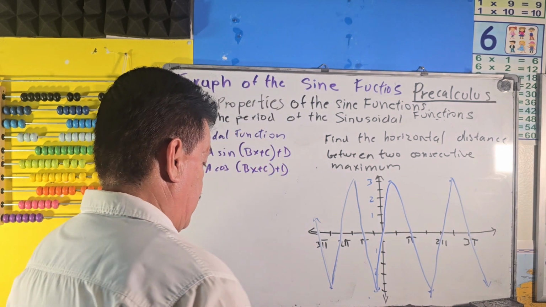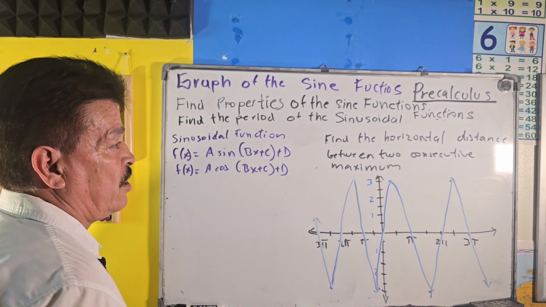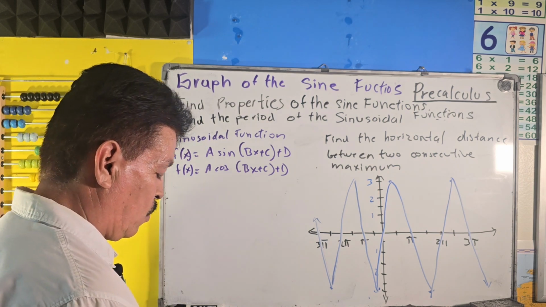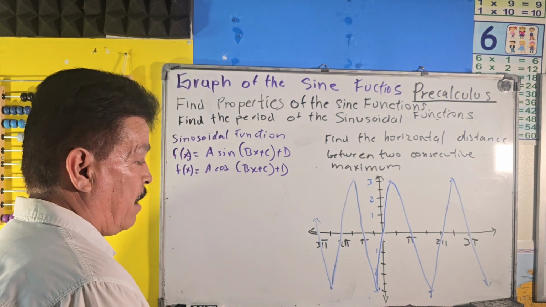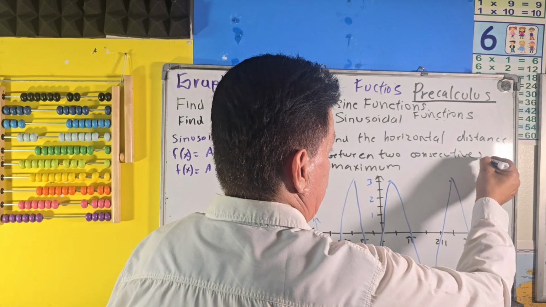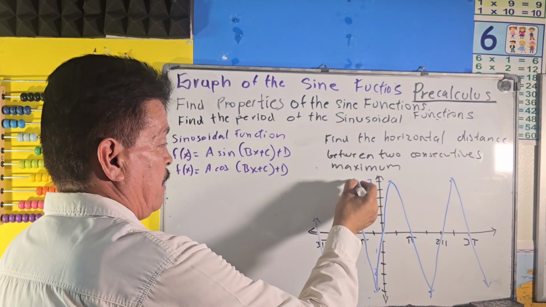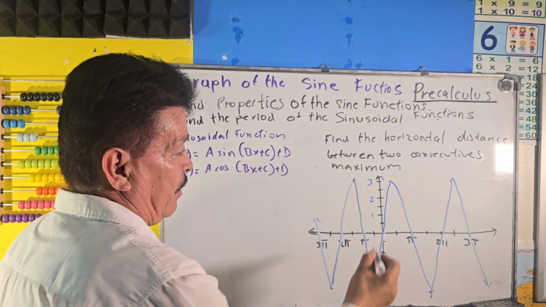So now find the horizontal distance between two consecutive maximums. Let's talk about here.